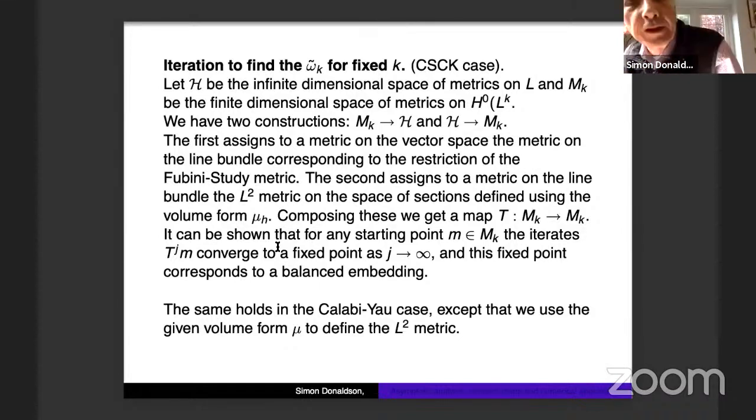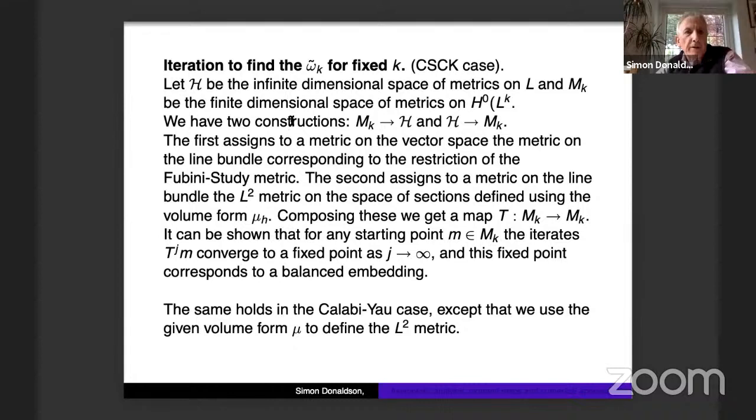So now the question is, let's fix k, and how are we going to find these omega tilde k? How are we going to find these particular algebraic metrics for fixed k? There's a very straightforward way of doing that, in principle, via an actual iterative scheme.